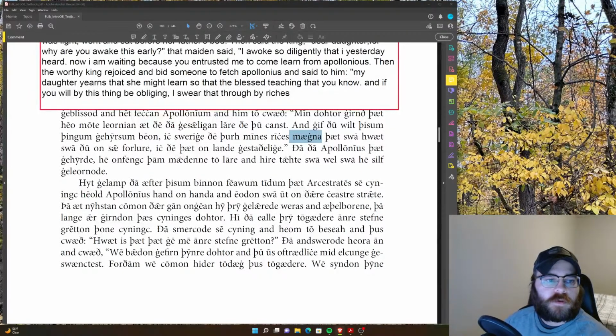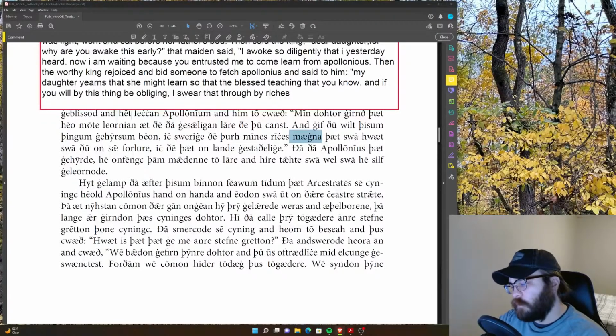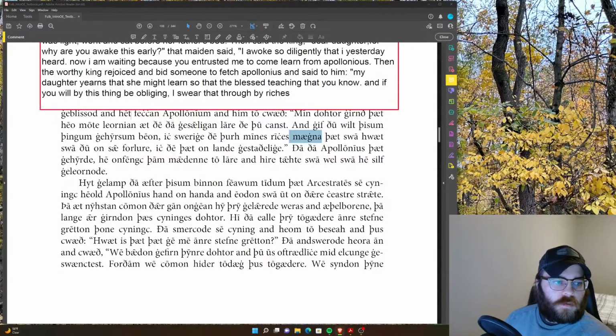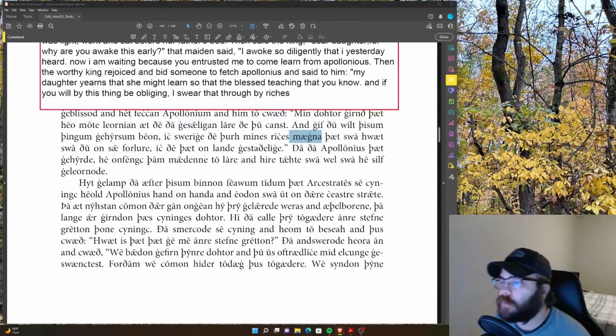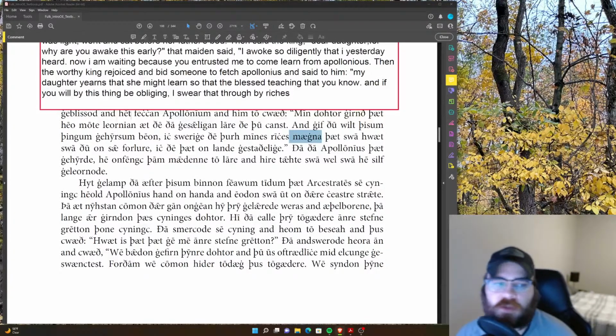What's this boy right here? Let's go. Paste. Riche, yeah, might, strength, power. Through my rich power. That swa hwet swa.